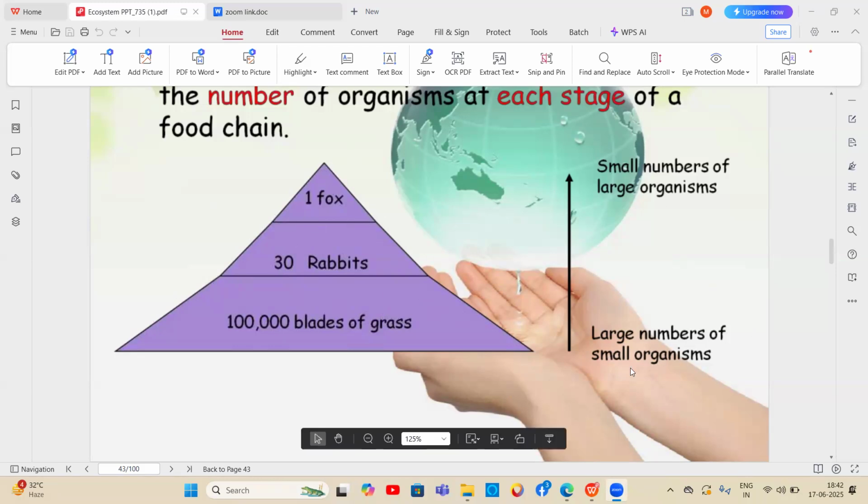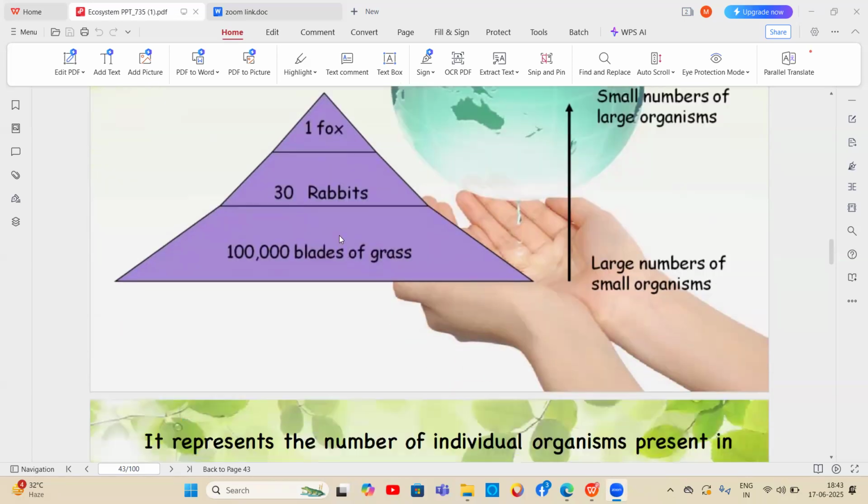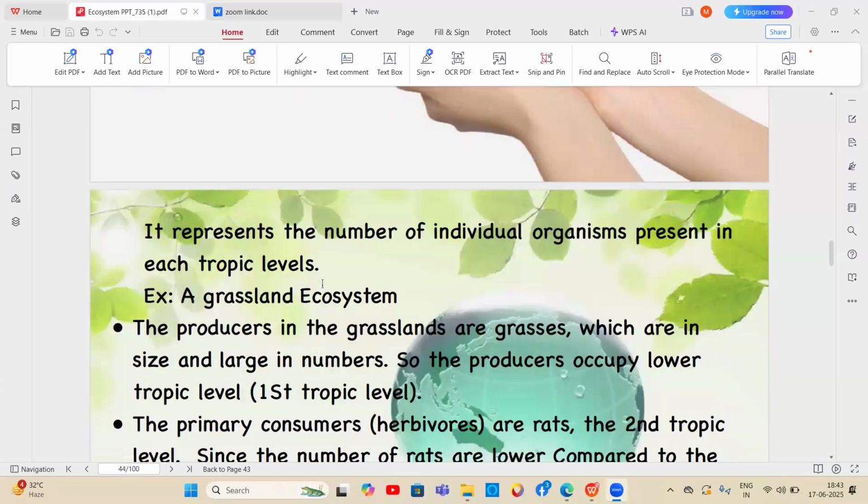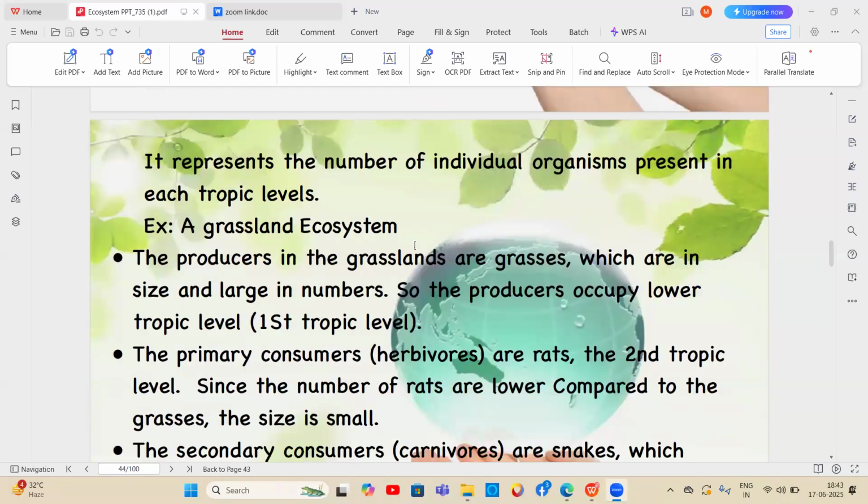Here a large number of producers are there compared to a small number of top carnivores. So it represents the number of individual organisms present at each trophic level. An example is the grassland ecosystem.